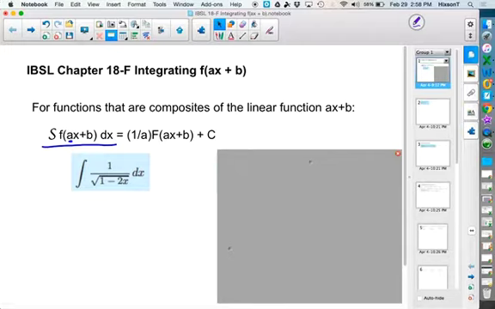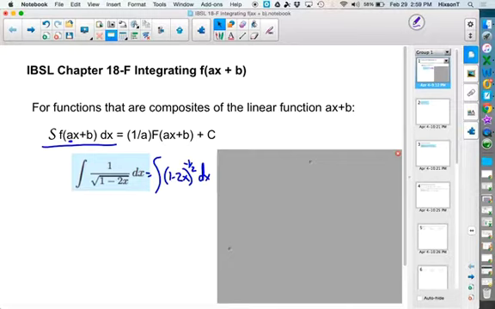Like the chain rule with derivatives, when you're dealing with the outer function, notice here the inner function just stays the same. So, if I'm looking at this integral right here, the integral of 1 over the square root of 1 minus 2x dx, first of all, I'm going to rewrite that, or at least think of it in my head in terms of the integral of 1 minus 2x to the negative 1/2 power.